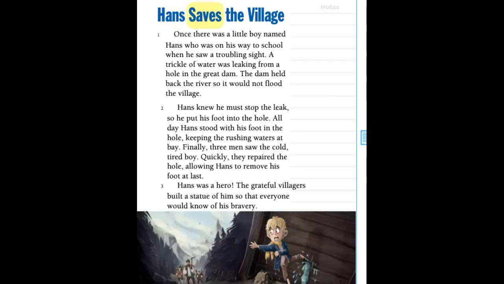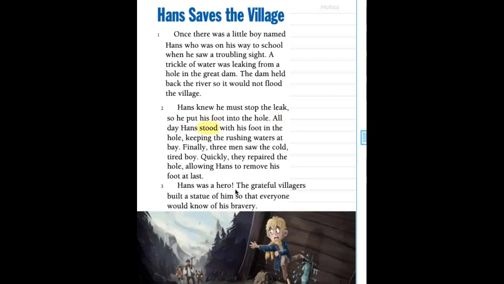Hans saves the village. Once there was a little boy named Hans who was on his way to school when he saw a troubling sight. A trickle of water was leaking from a hole in the great dam. The dam held back the river so it would not flood the village. Hans knew he must stop the leak, so he put his foot into the hole.